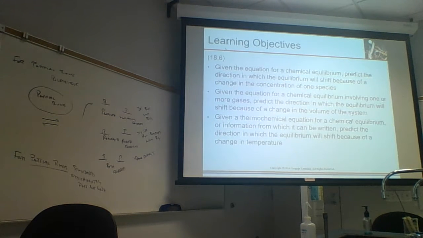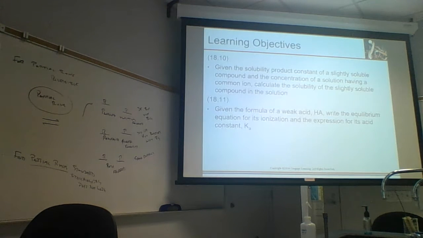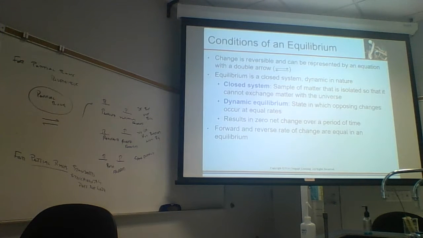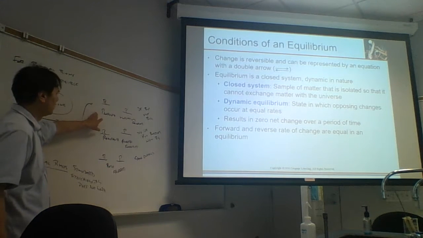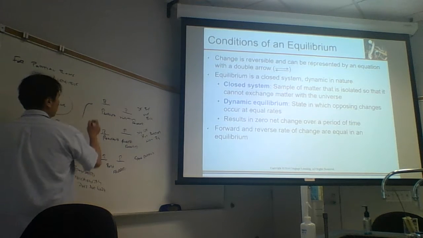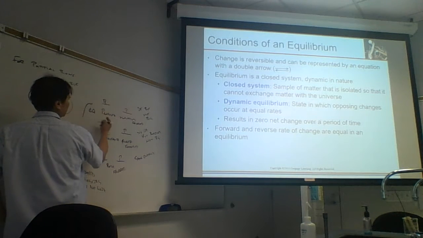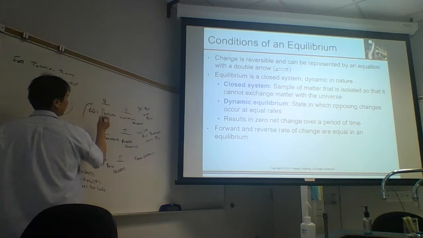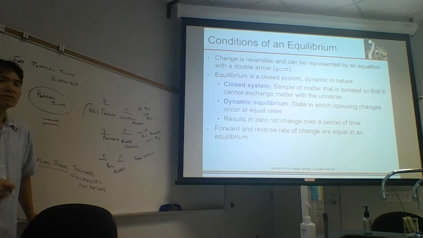So let's talk a little bit about this. We call these equilibria systems. There's going to be some kind of equilibrium that's going to result. And so we call this product slightly favored. That's the equilibrium. The equilibrium favors the products.